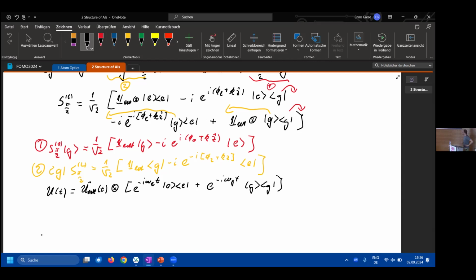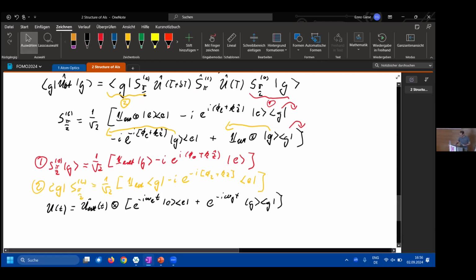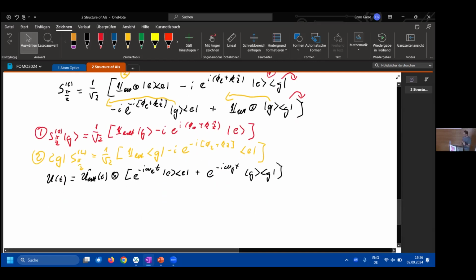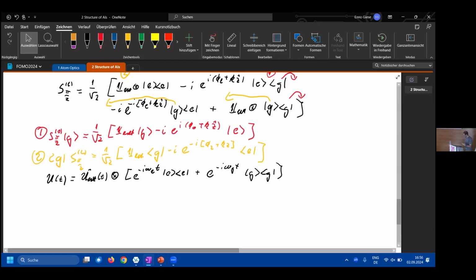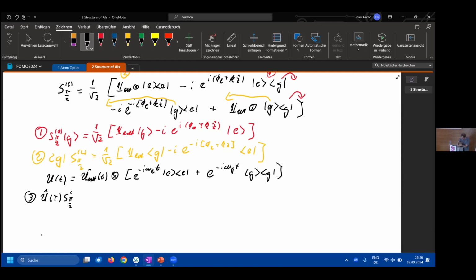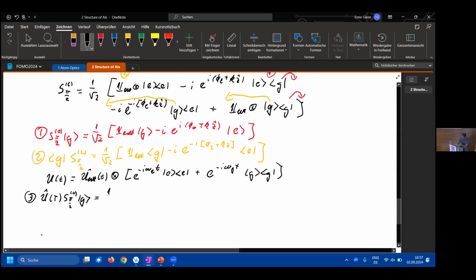So for this third contribution, we just have to take this red guy and multiply from the left with this time evolution. And what do we observe? So contribution 3 is just U of t times S pi/2, 0, acting on the ground state. What happens? Well, we just find 1 over root 2.